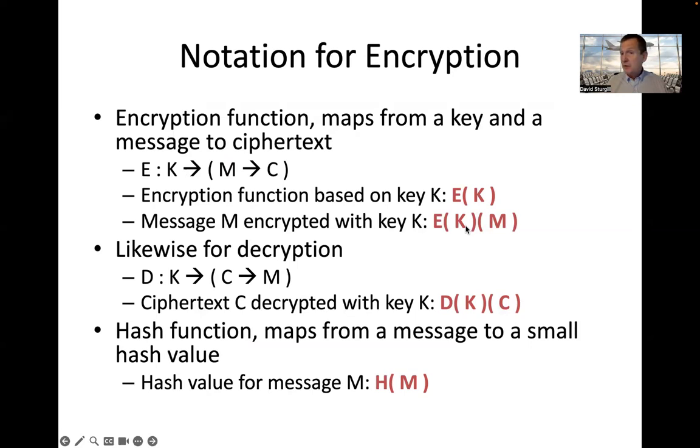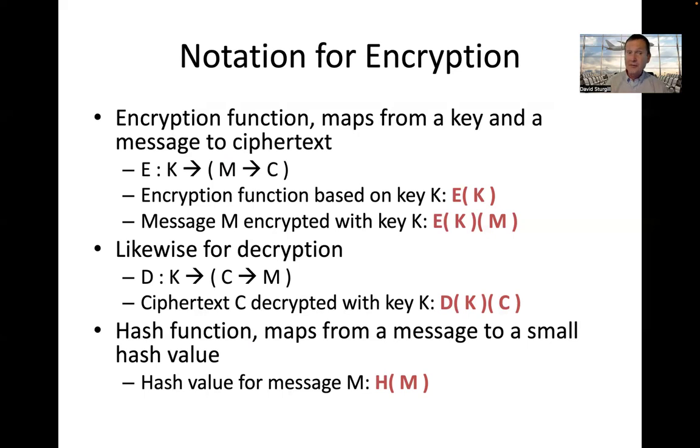For decryption, we'll use the same kind of notation. We'll think of decryption as a function that when you give it a key, it gives you back a function that decrypts ciphertext, mapping ciphertext back to a plaintext message.